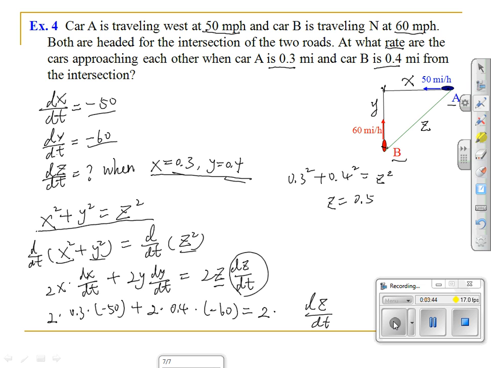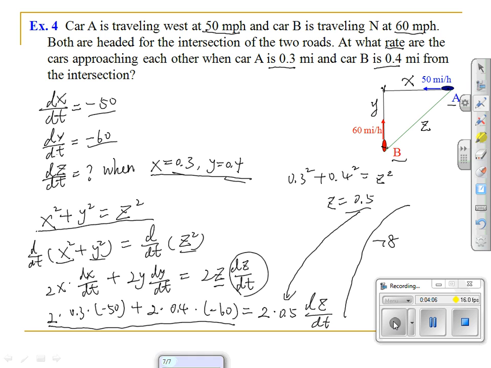So now once you get z, you can put that into the equation we already have. So z is 0.5. Now, nicely, in this equation we have everything. You put the left-hand side into the calculator, and you get negative 78.